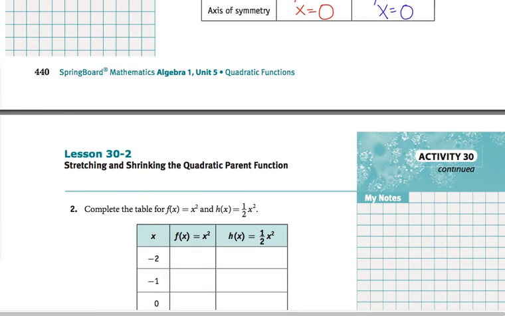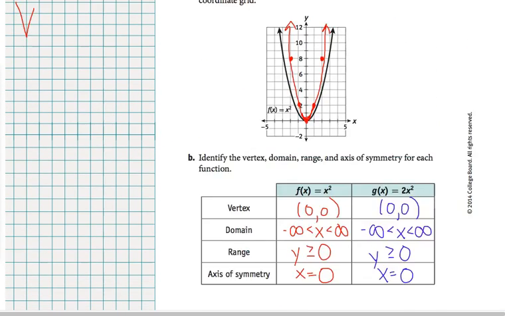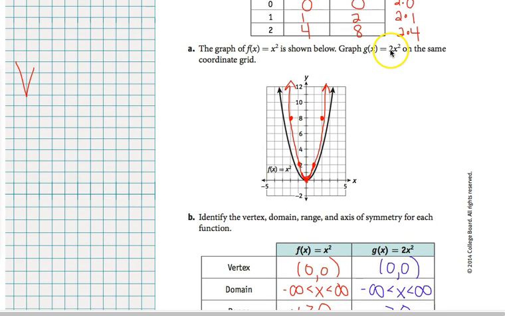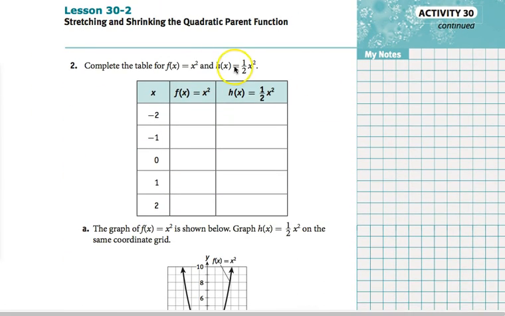All right, so now they're giving us a new transformation. In this case, we had a 2 in front of the x squared. Now in the next one, we have a 1/2. So h of x has a 1/2 in front of our x squared. Again, for the parent graph table, we just copy this down because we should know it by heart. And over here on h of x, we're just going to multiply the f of x value by 1/2.